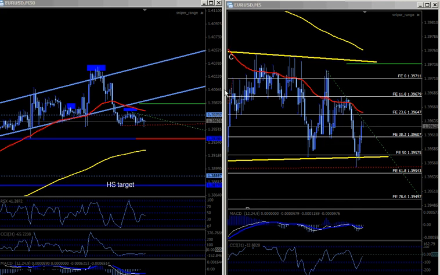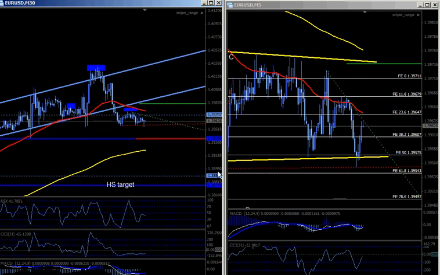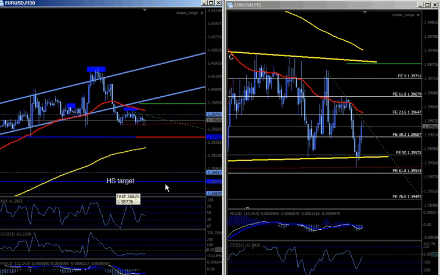Okay, so as the evening draws to an end, I'm going to go ahead and place my stop loss at 1.4011 and my take profit level at 1.3888. That's just about 10 or so pips above the head and shoulders target.